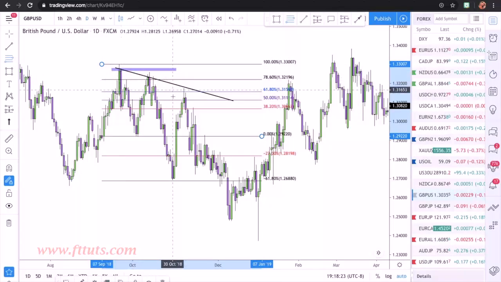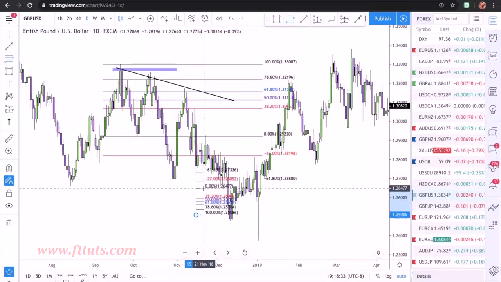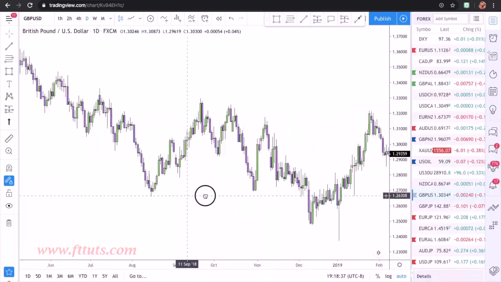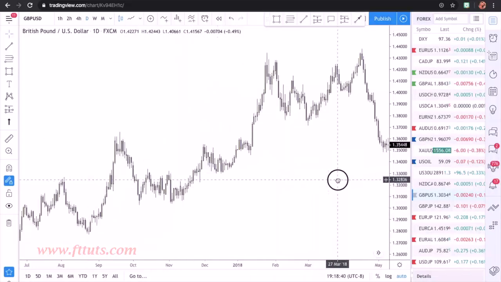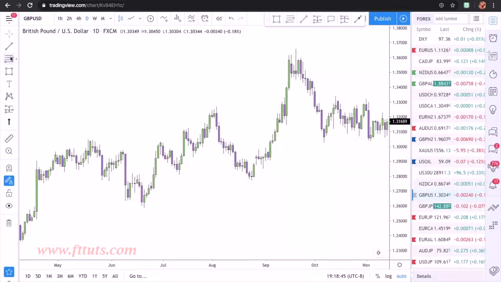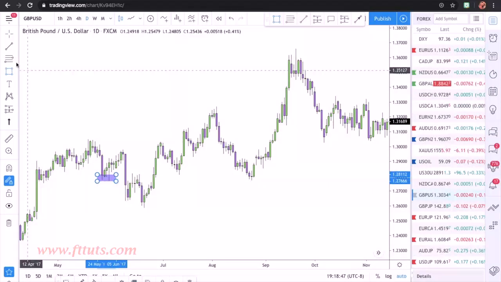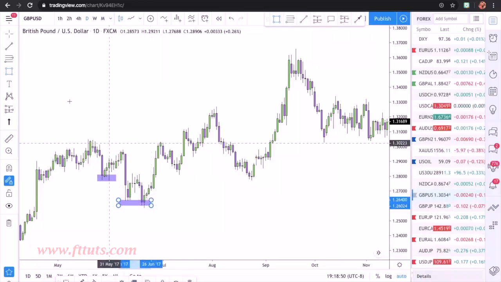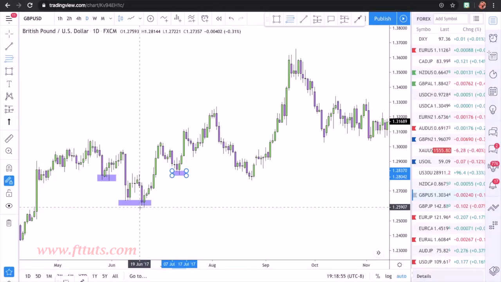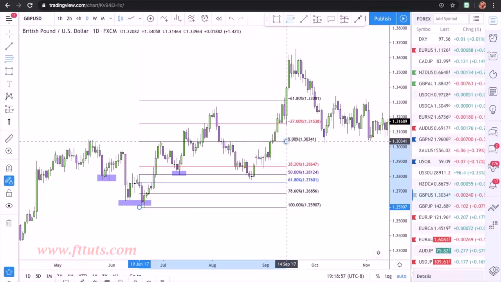See how in a lot of examples I just showed you, it's always rejecting off that 61.8. Okay, so right here, we have an inverse head and shoulder pattern. We want to take our fibs from the low to the high. In this situation, it's respected the 50% and continued up.